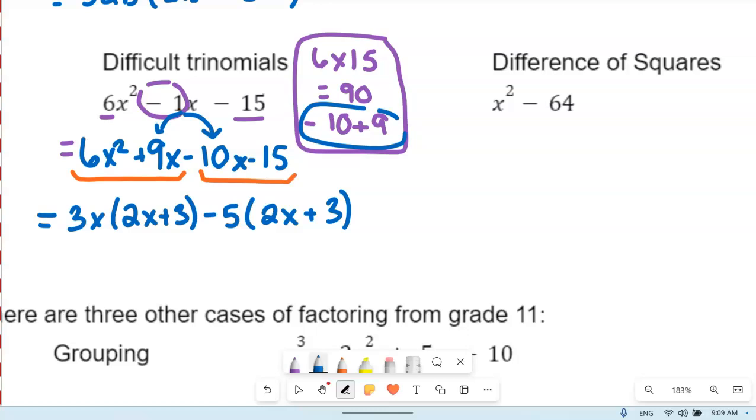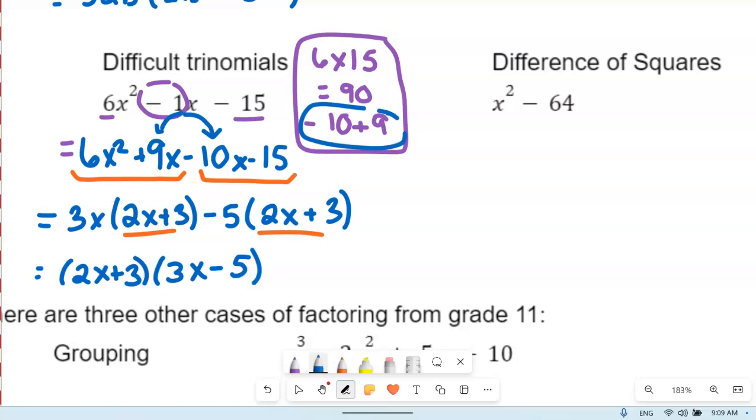After that, we see we have another common factor of 2x plus 3, and this is how we know we've done it correctly. So we can factor out 2x plus 3 from each of these terms, which leaves us with 2x plus 3 multiplied by 3x minus 5.